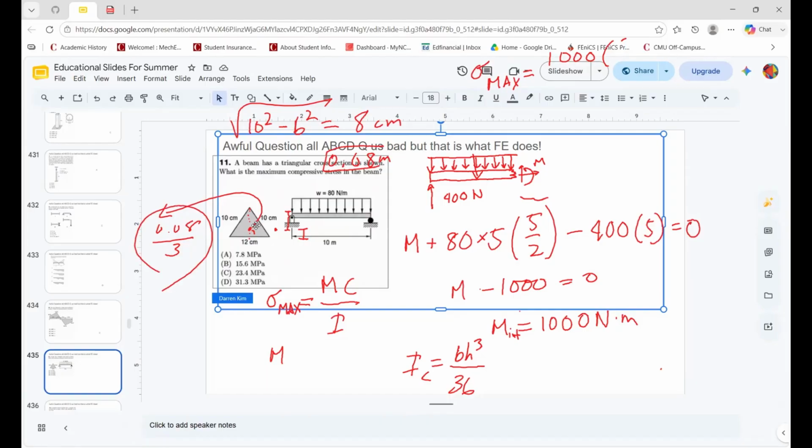If I did just this, it wouldn't be the correct answer because it's not max. There's another point up over here that's at a higher moment stress.